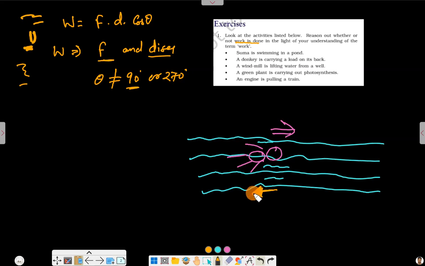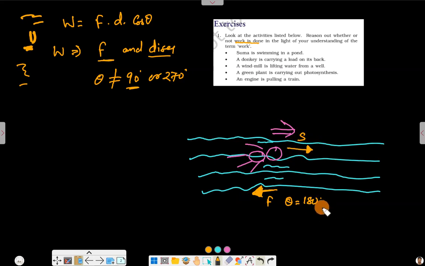So the force applied by the person is backward. He pushes water backward, and his displacement is in the forward direction. So here theta is 180 degrees. Applied force is backward, and displacement is in the forward direction.